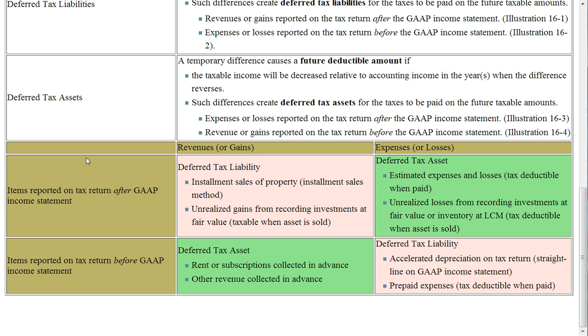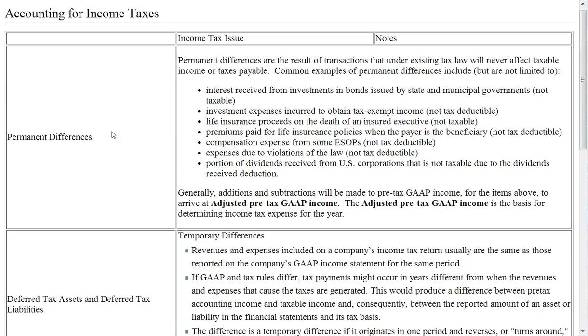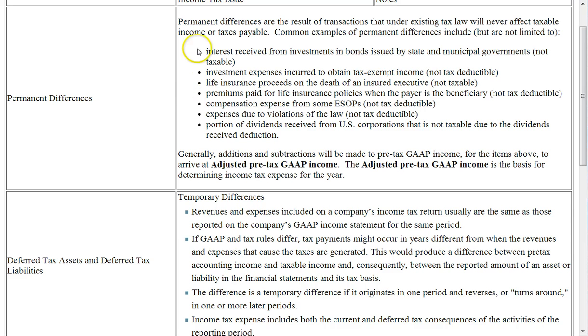So the basic idea is, again, we have two sets of rules. We have GAAP and we have tax law. There's a lot of overlap, but there are some differences. And those differences are generally classified into two categories. There are these permanent differences, items that will show up on the GAAP income statement, either revenues or expenses that are a legitimate part of the GAAP income statement, but will never show up on the tax return.